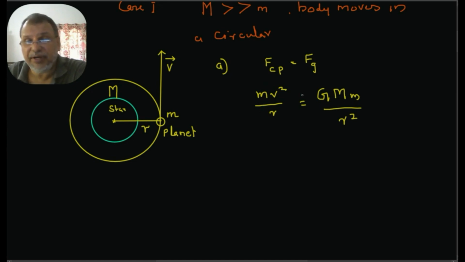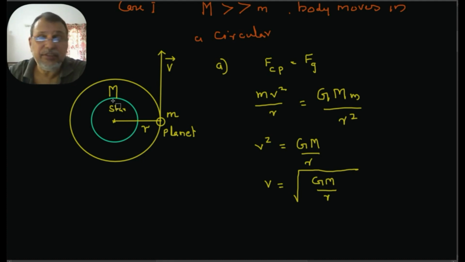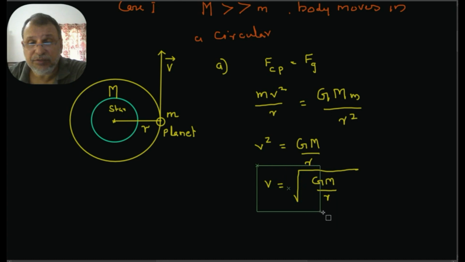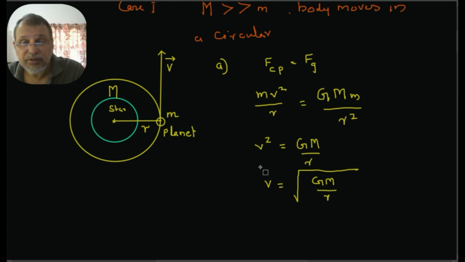M and m cancel out, and r and one of the r's cancel out, and you will get the square of the tangential speed is equal to G M over r, or the tangential speed v is equal to the square root of G M over r, where M is the mass of the star and r is the orbital radius. This is the first equation we get.